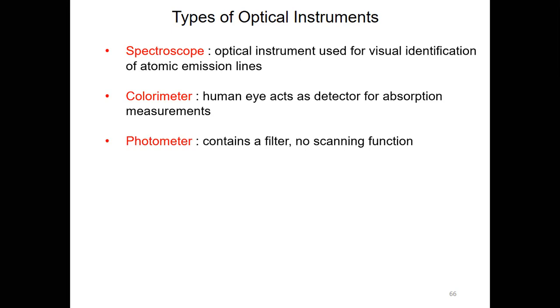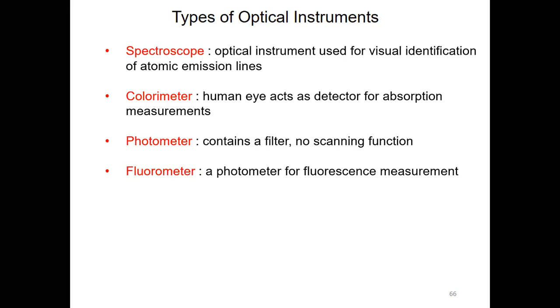And in the case of photometers, it contains filters, no scanning function. It doesn't have any monochromators. As the wavelength selector, it has a filter. Then we call it a photometer. Fluorometers. Fluorometers are photometers which are used for fluorescence measurement.